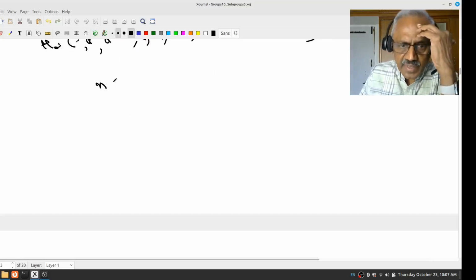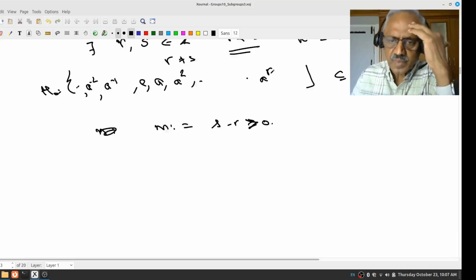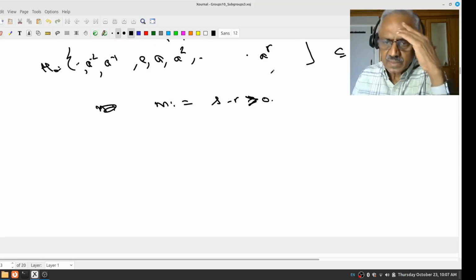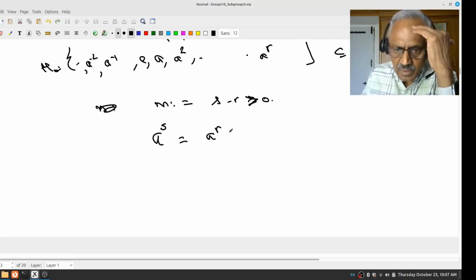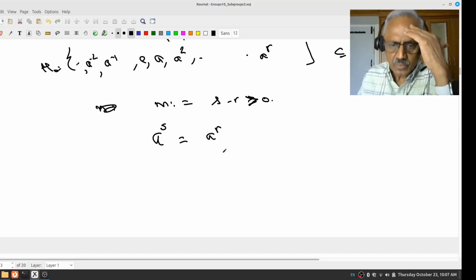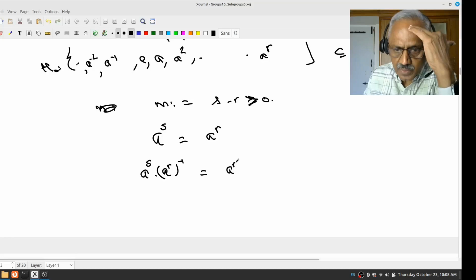Therefore let us look at m equal to S minus R, which is strictly greater than 0. Let us look at a to the power S equal to a to the power R. Multiply both sides by the inverse of a to the power R: a to the power S into a to the power R inverse equals a to the power R into a to the power R inverse.